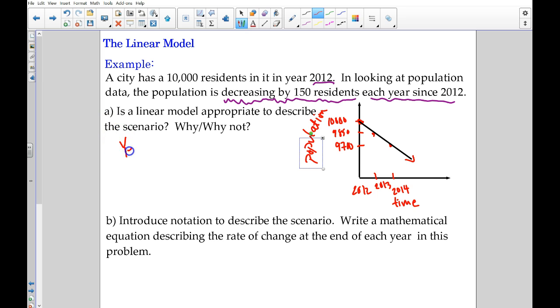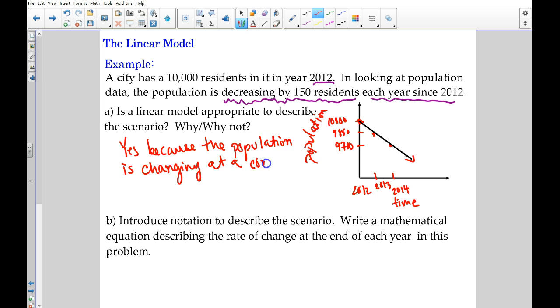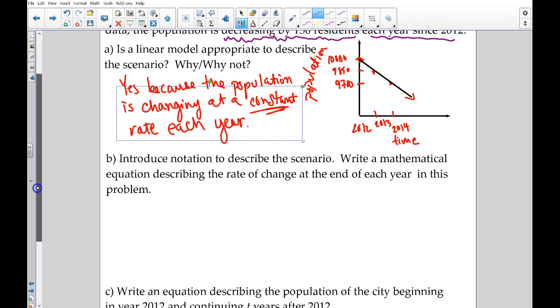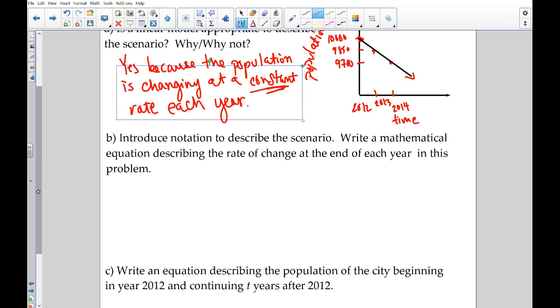I would say yes, because the population is changing at a constant, okay, that's key here, constant rate or a constant amount, whatever you prefer, each year.